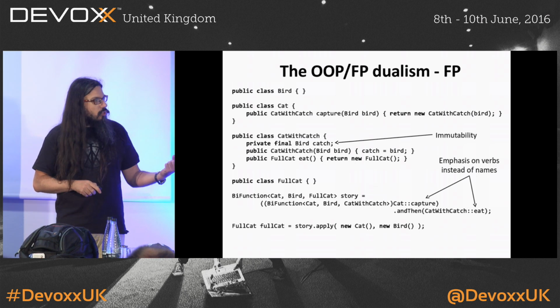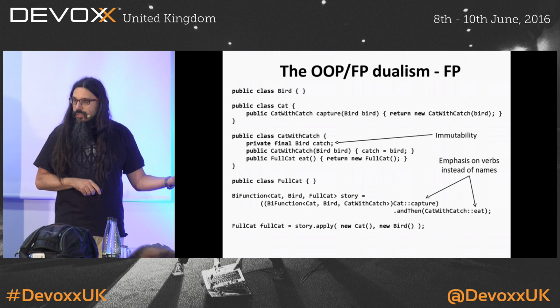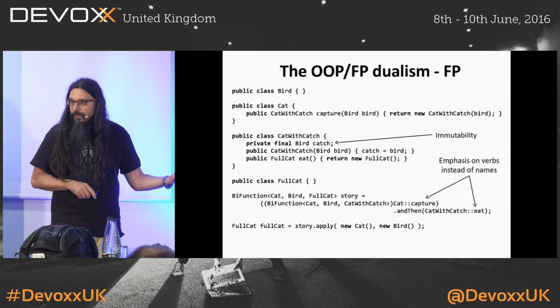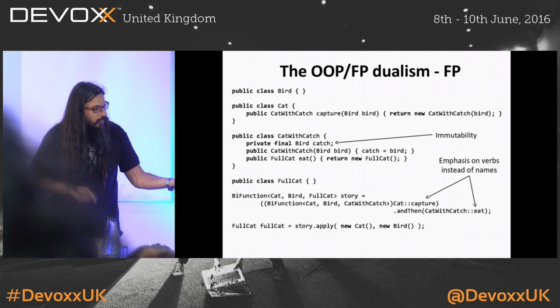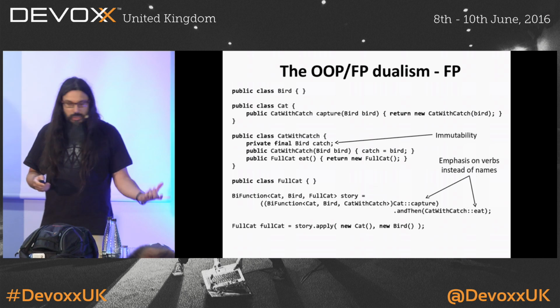And so the story is now a function that takes a cat and a bird as arguments and returns a full cat. And when I play the story, when I apply the story with a cat and a bird, I'll be returned a full cat. That's all.